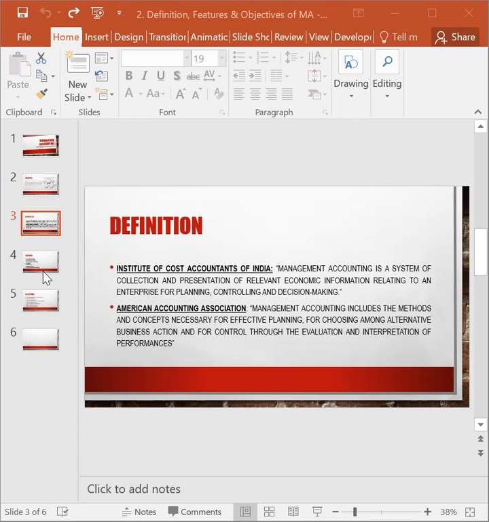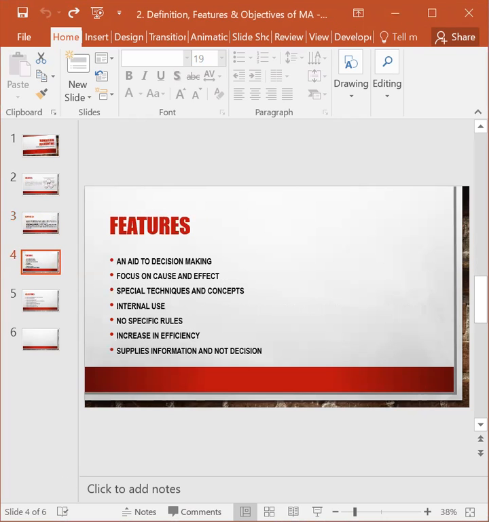Let us look at the features of management accounting. When you look at the features, we say it provides the data related to accounting to the management for taking various managerial decisions, which helps in improving efficiency and effectiveness of managerial decisions. The first one is that it acts as an aid to decision making.